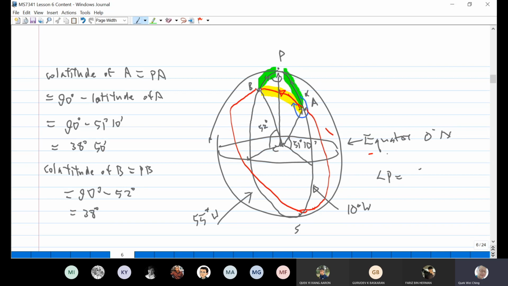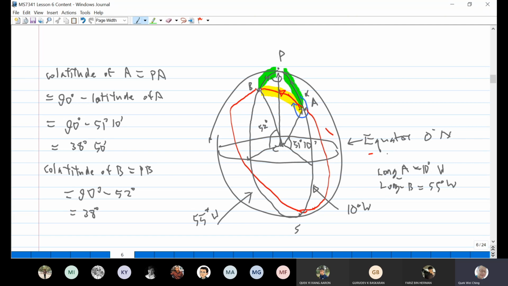So you can write down the longitude of A is 10 degrees west, and the longitude of B is 55 degrees west.